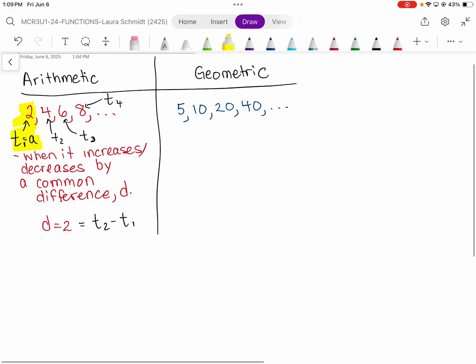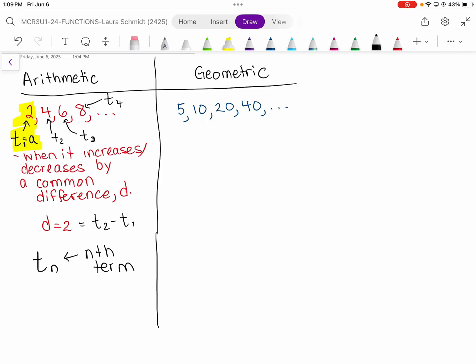One more notation. We like to describe the general, like any term of the sequence. So we use a subscript N, and N just means the nth term, so like any term.